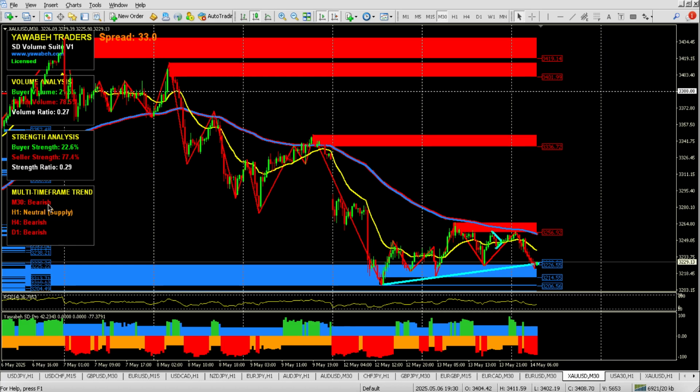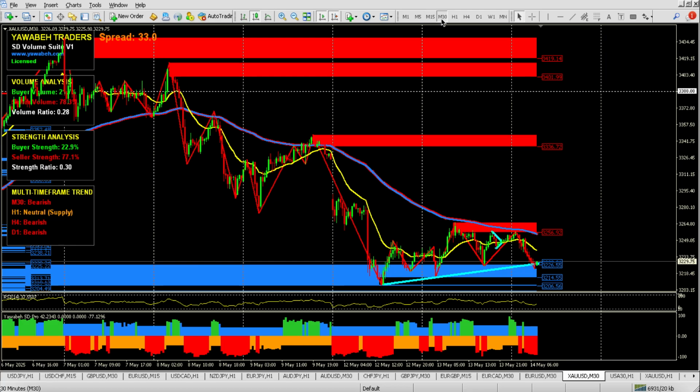Let's say M30 is bearish, H4 is bearish, and on the daily time frame the market is also trending downwards, and H1 is showing neutral supply, not demand, so that is also kind of a sell suggestion. The histogram is also showing us a strong bearish trend, but should we enter any position at this point?